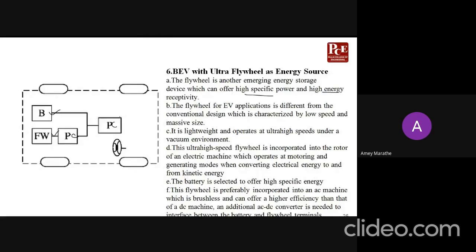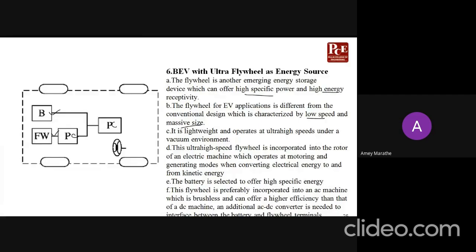The flywheel for EV application is different from the conventional design, which is characterized by low speed and massive size. Here, you don't have to imagine the flywheel which is used in IC engines. Here we will have a different flywheel design.